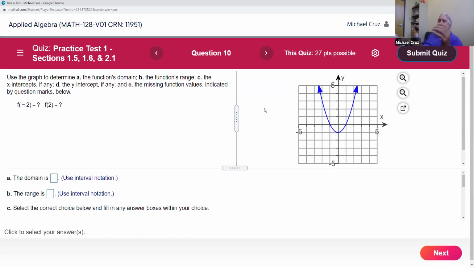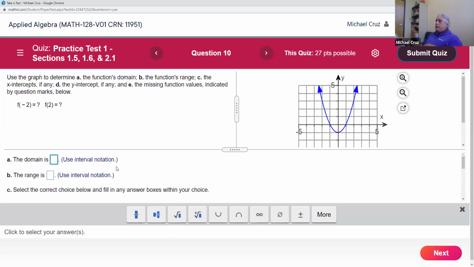Remember, that arrow means it's going on and on. How much of the x-axis is going to be covered up on the left-hand side? It's got that arrow. It's going to go all the way to negative infinity. Does that make sense?